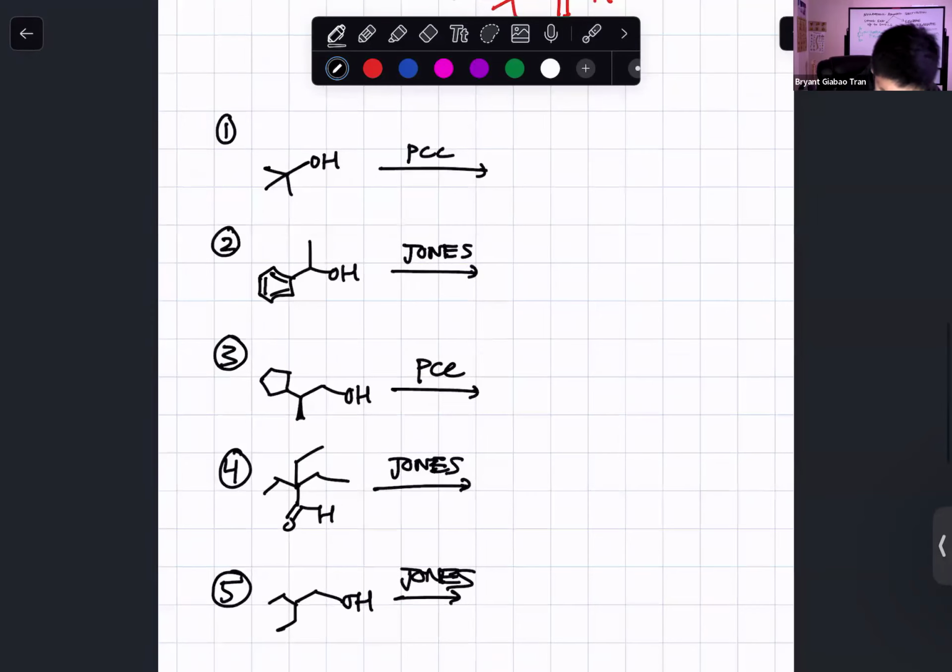Try these five practice problems of oxidation of alcohols and then I'll come back and check your work, and then we could go over reduction after that, like reducing back into the alcohol. Okay, that works. Thank you.